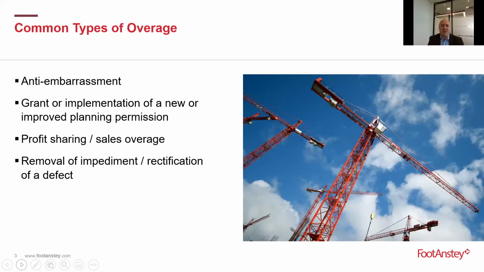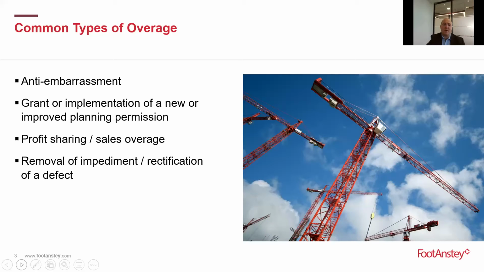It's also used in a case where a seller is anxious not to be embarrassed by being seen to have sold the property at less than its market value. In particular, public sector bodies and charities are required to sell at best consideration that can reasonably be obtained, and therefore they often seek to include anti-embarrassment overage protections to try and ensure that they can meet their legal requirements.